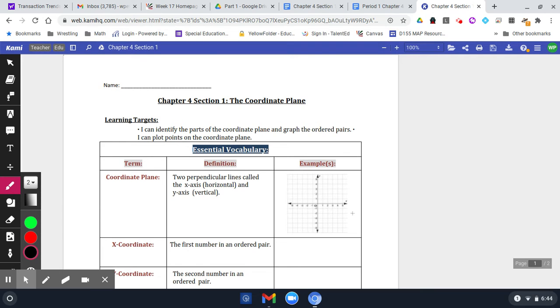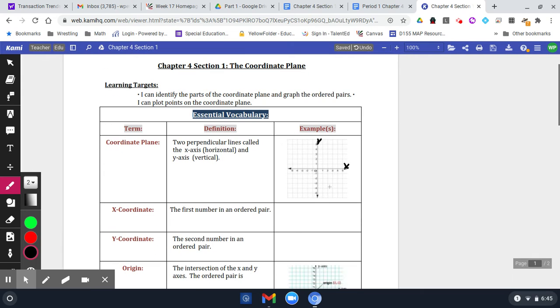First thing is we have a coordinate plane right here. Our coordinate planes have two lines. We have our x-axis, which is horizontal, and then our vertical that goes straight up and down is our y-axis. We need to know x and y because of coordinate pairs. When we have a coordinate pair, such as x comma y, x is always where we move first, and y is where we move second.